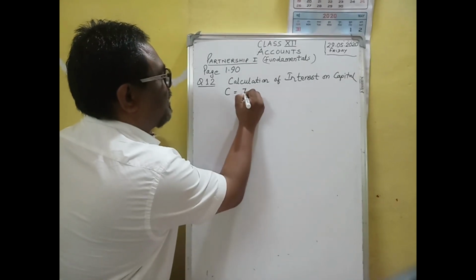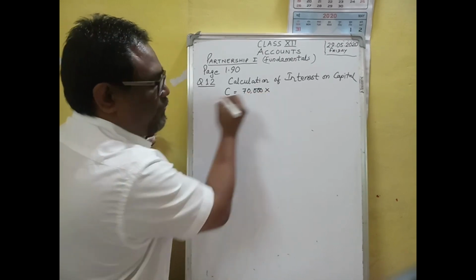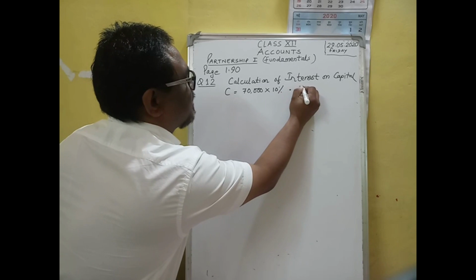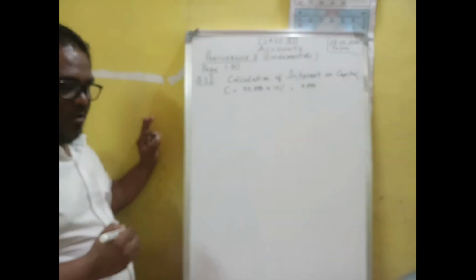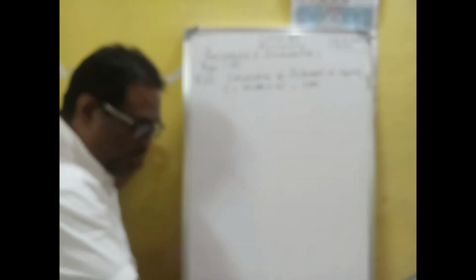So first of all, we need to calculate the interest on capital. C's opening capital is 70,000. Rate of interest on capital is 10%. So that makes 7,000 interest on capital of C on opening capital for the full year. And again C made additional capital of 40,000 on 1st October.